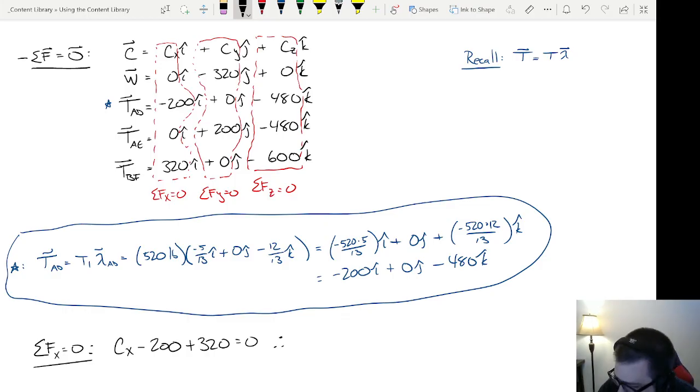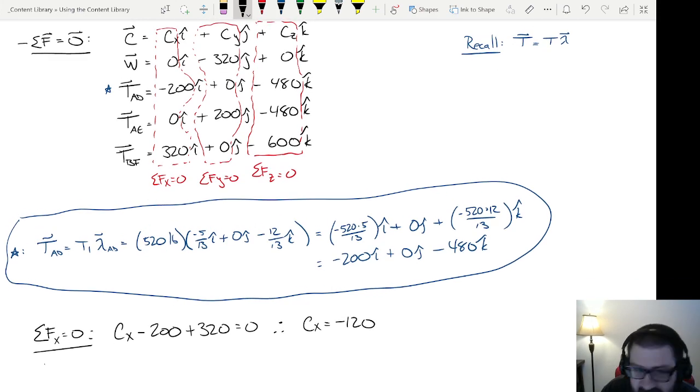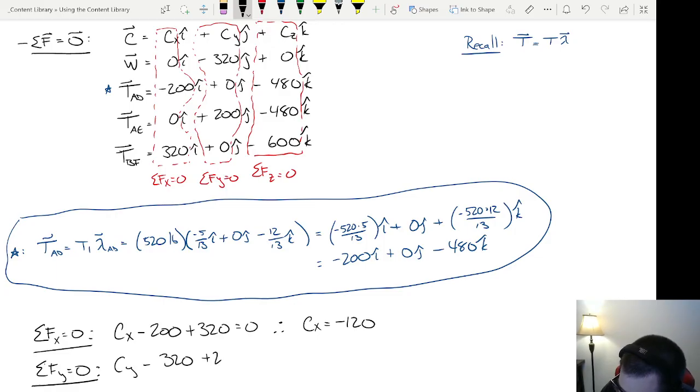So therefore cx is minus 120. Sum of the forces in the y direction equals 0: cy minus 320 plus 200. I think cy is going to be positive 120 there.